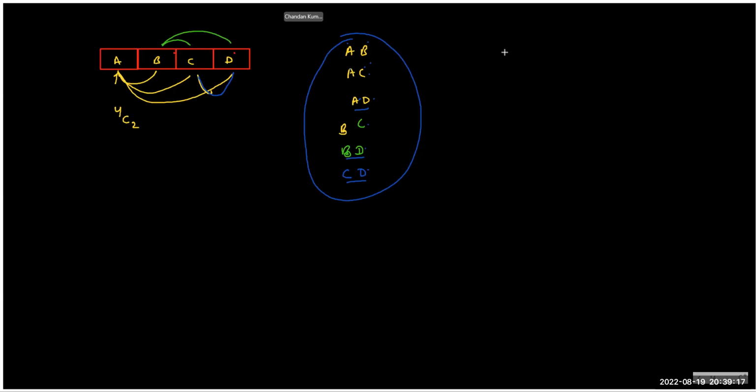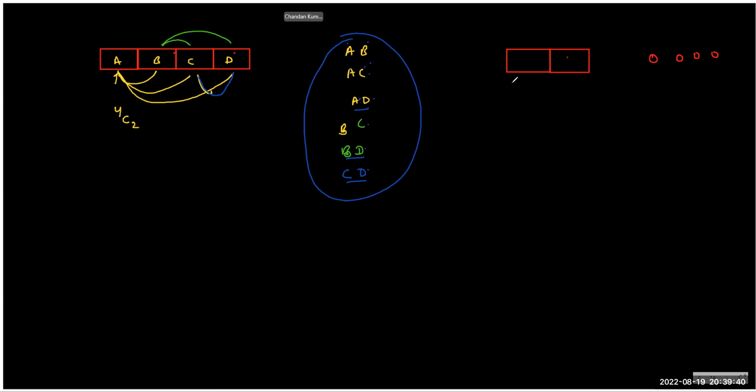The other way of thinking is you have only 2 boxes. So only 1 person can go inside each box. So I have to pick only 2. I have 4 objects, but I have to fill only 2 places.